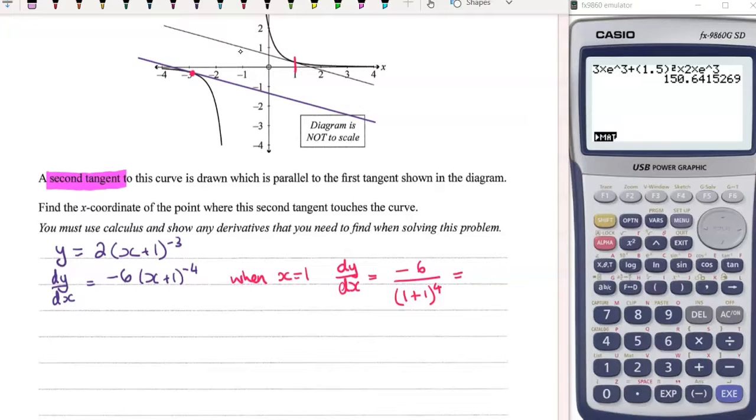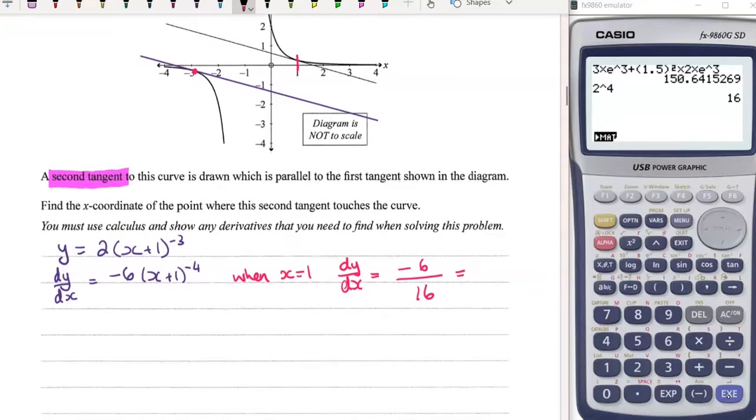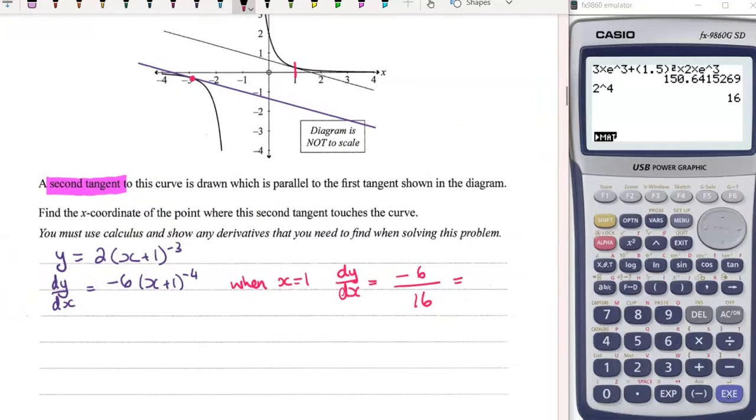Now, 1 plus 1 obviously is 2. 2 to the power of 4 is 16. So this is the same as minus 6 over 16. Or if we want to simplify that, that's going to be minus 3 over 8.